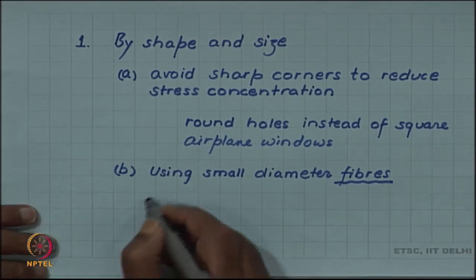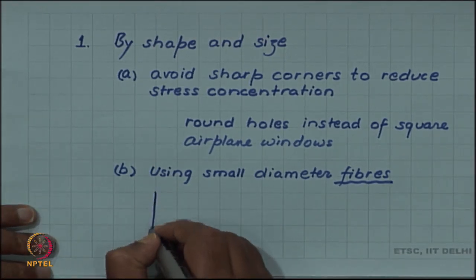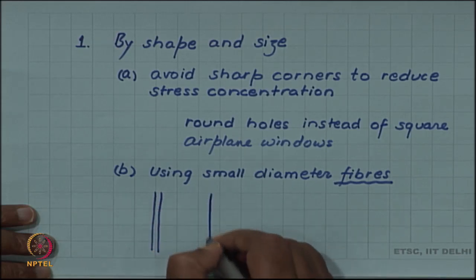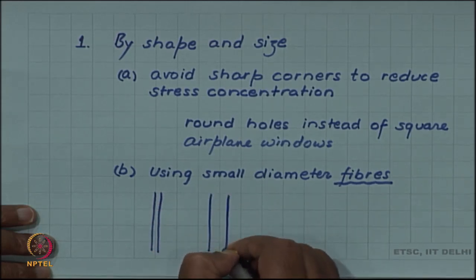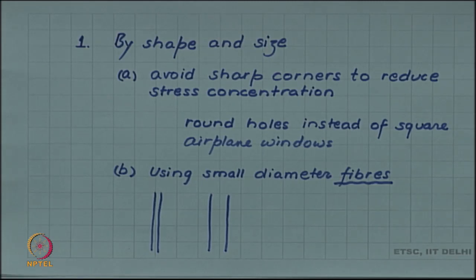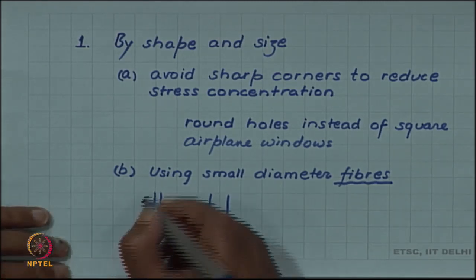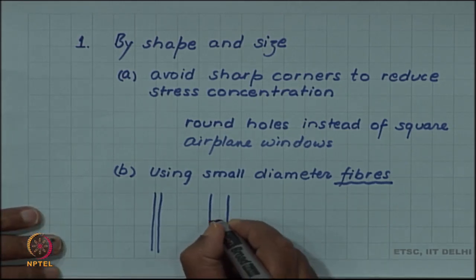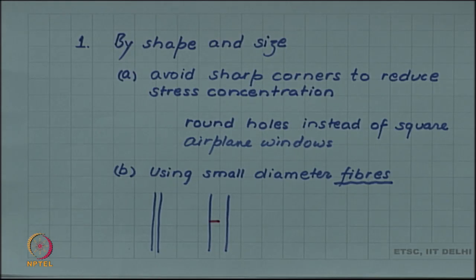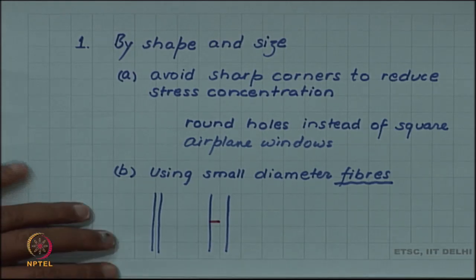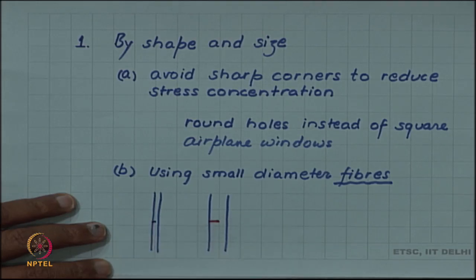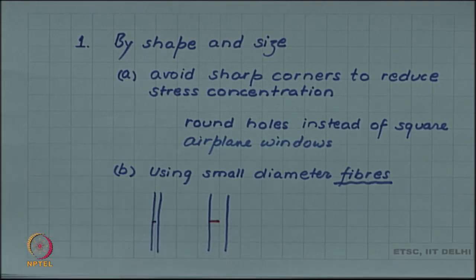So, a fiber has a much smaller diameter than a rod, and if you think of a crack in this, the largest possible crack in a larger diameter fiber will be much more than the largest possible crack in a smaller diameter fiber.